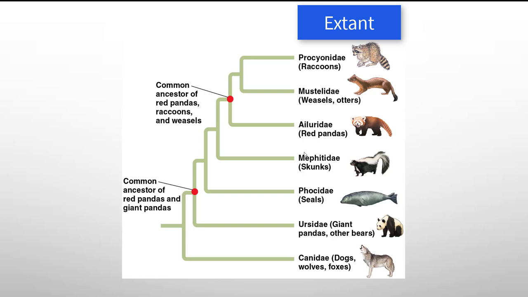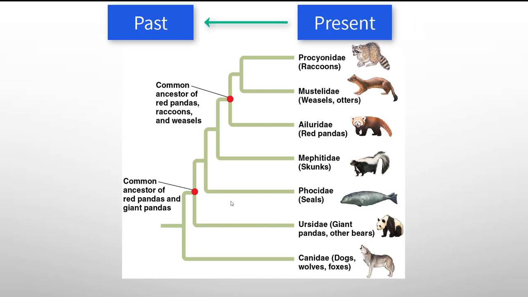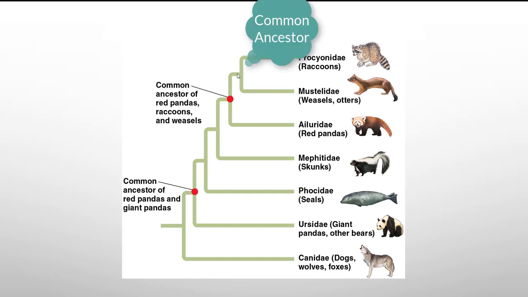In this particular example, as we move left, we're moving further back in time. Where we have a branch intersecting, that's called a node, and that indicates a common ancestor. So a period of time when we had a common ancestor.